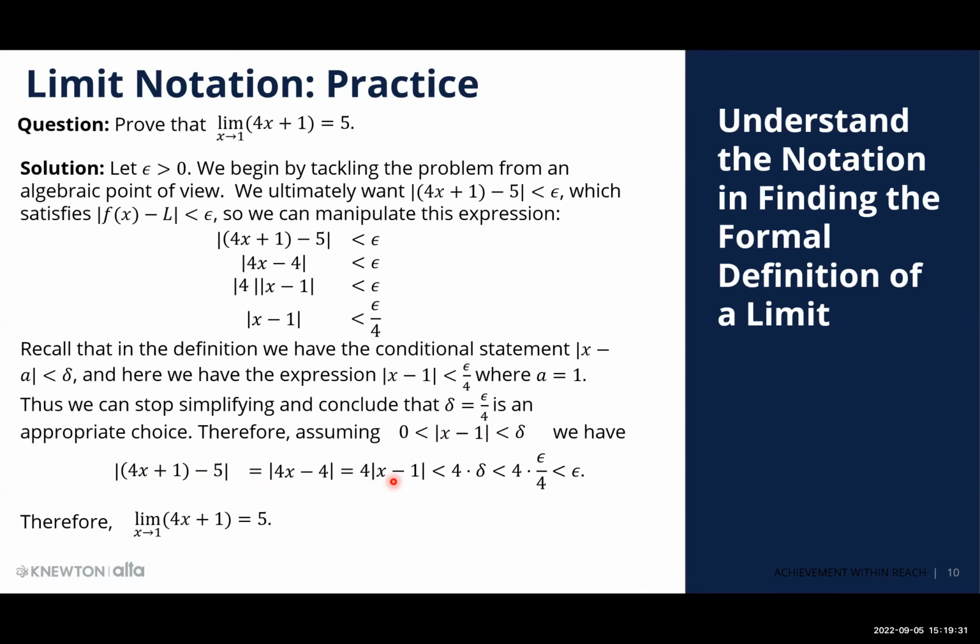You substitute the x minus 1 with a delta, and then you remember that you let delta be epsilon over 4, and then those cancel. So the proof is slightly different, but you still, in the end, are able to show that the absolute value of f of x minus L is less than epsilon.